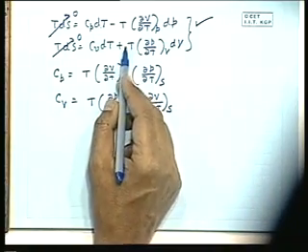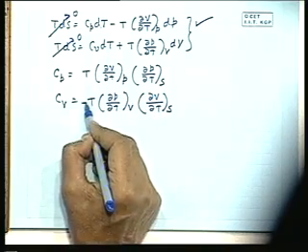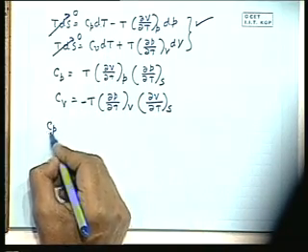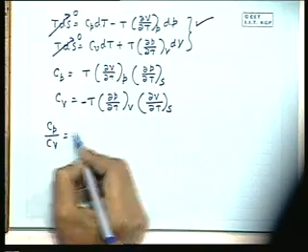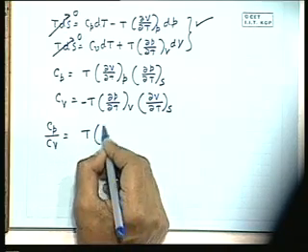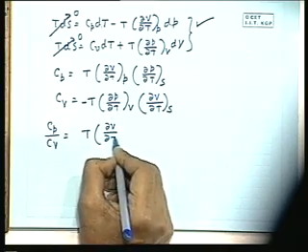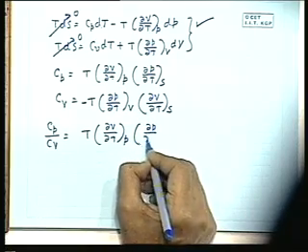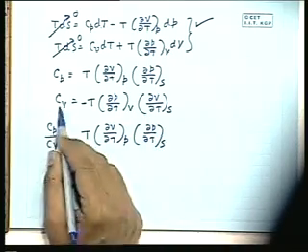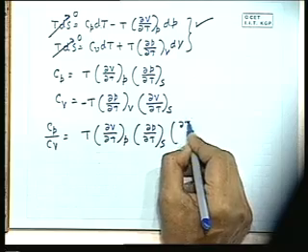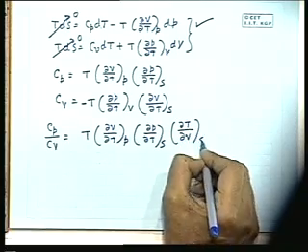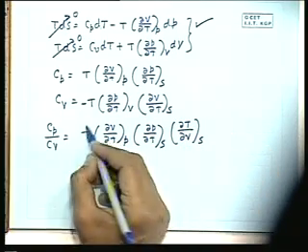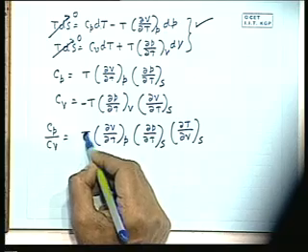Yes, which one will be minus? Cp, this one will be minus. Very good. So therefore Cp by Cv will be what? T del V del T P into del P del T S divided by this, that means del T del V S into del T del P V, T will be cancelled, I am sorry.